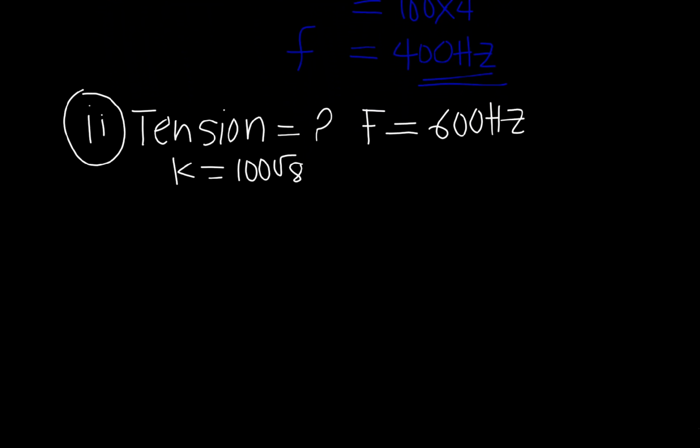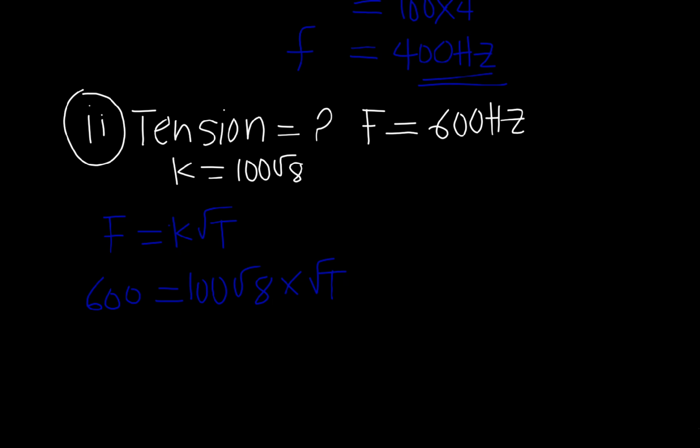And so what will happen next is we'll plug in, making use of F equals K root T. This is the relation. We are asked to solve for our tension here. So I would just want to plug in the data now. Frequency is 600, right? 600 equals our K, do not forget, is 100 root 8 times root T.